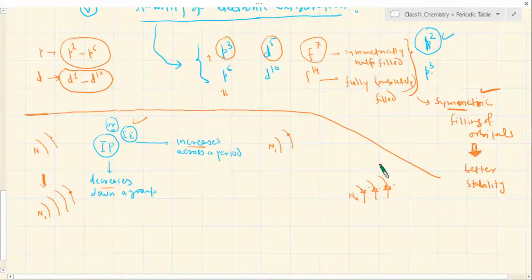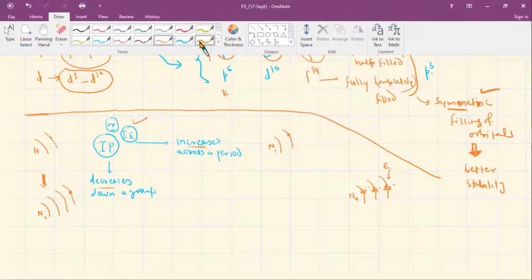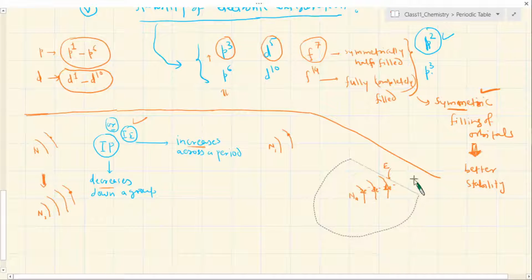But if you have to remove an electron, which will be the last one, then you have to give some energy. Energy has to be supplied, and when you supply energy, this electron will be removed. Okay, so this is just one example. The question is how easy it is to remove the electron, and that will determine the value of ionization potential.